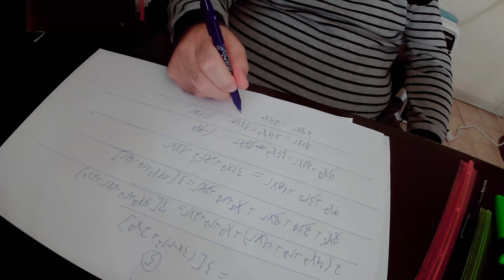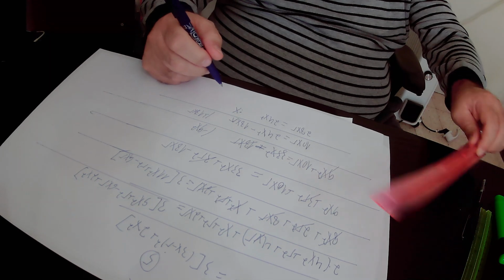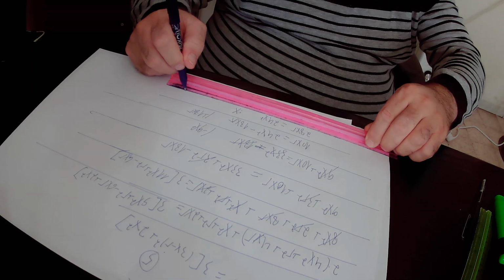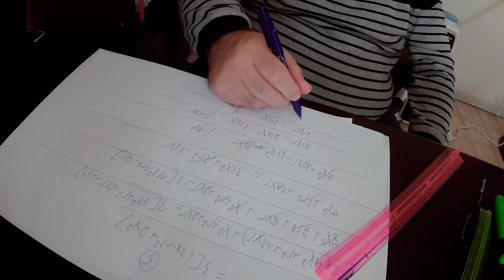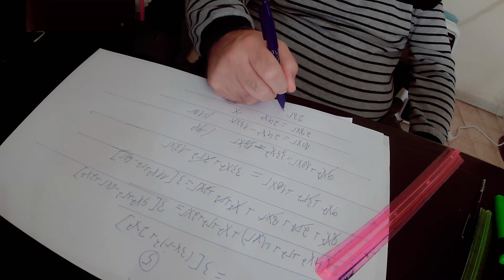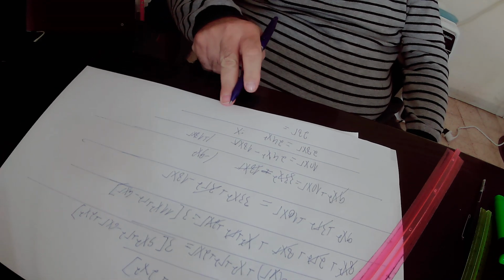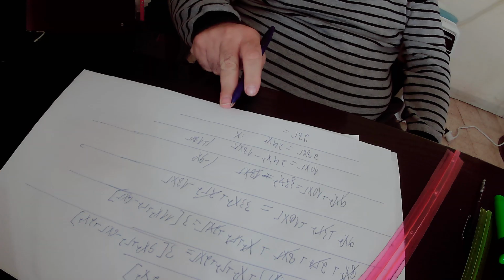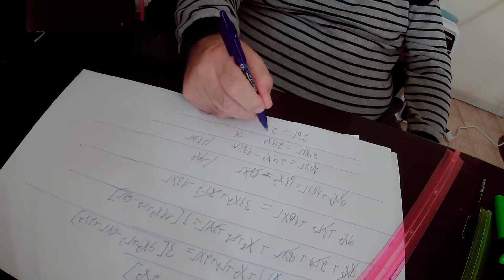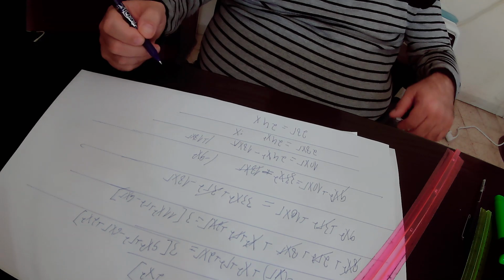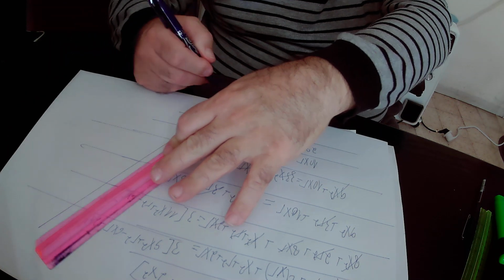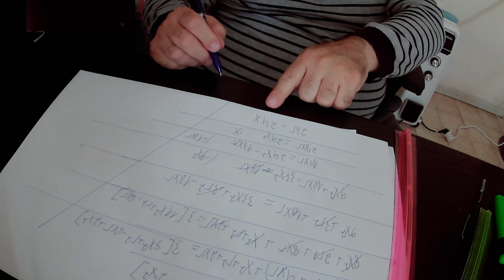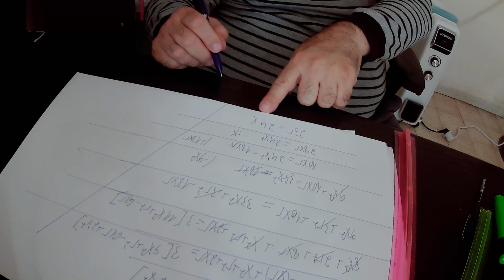Here we will divide this equation by x, and we will get that 28xr over x is 28r. That is equal to 24x squared over x, which is 24x. So here we will substitute x by 35.